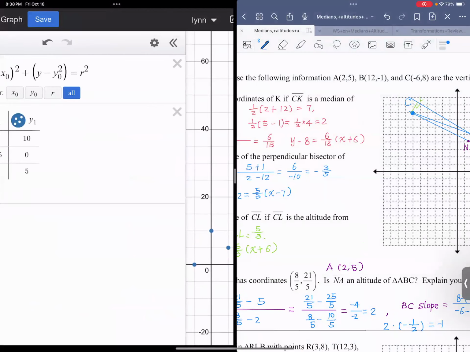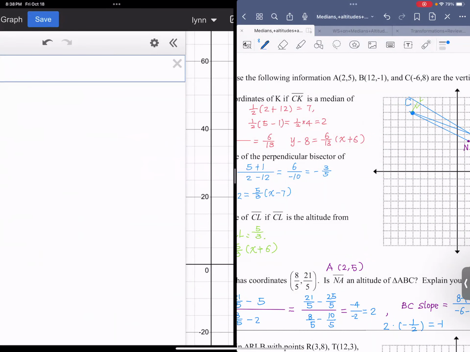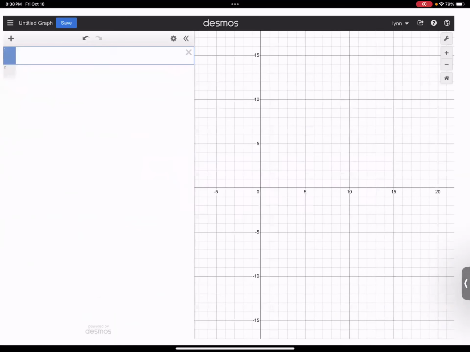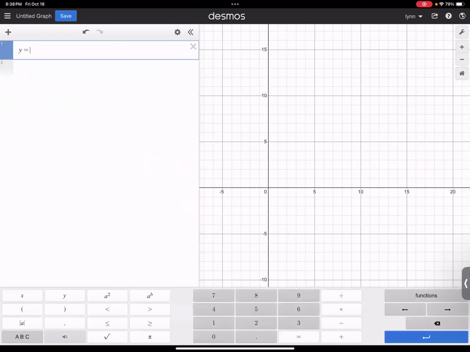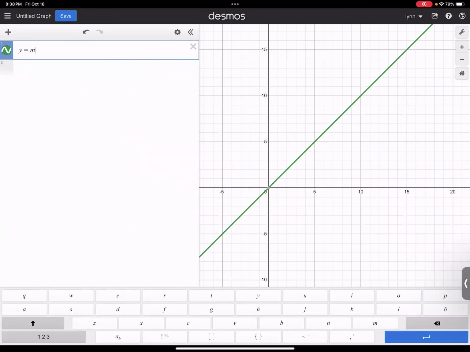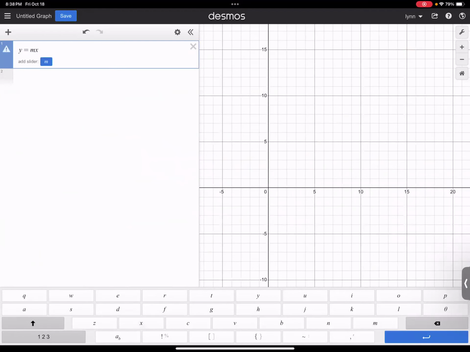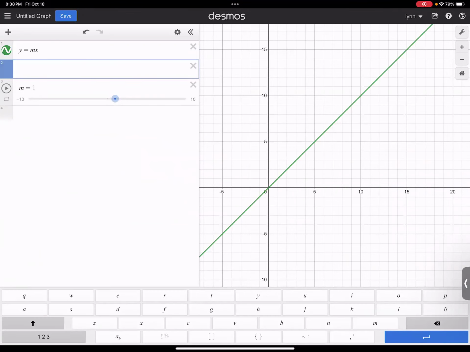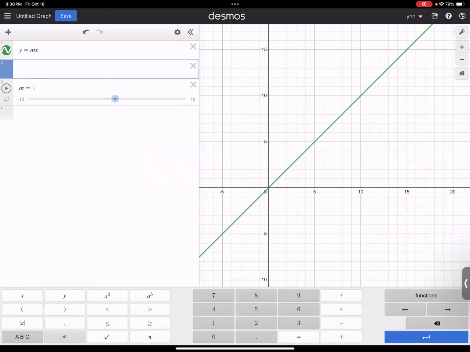If you have, for example, y equals mx, you add a slider so that you can change your slope. And then you can make y equal to -1/m times x.